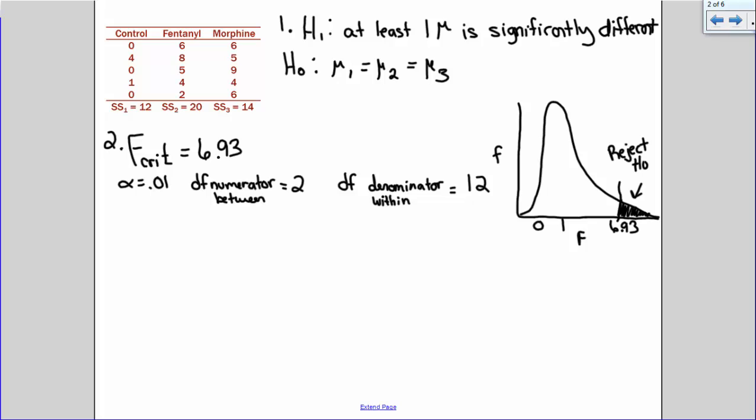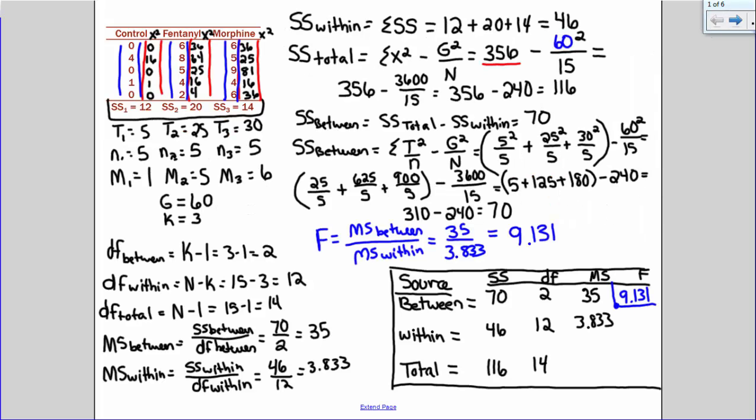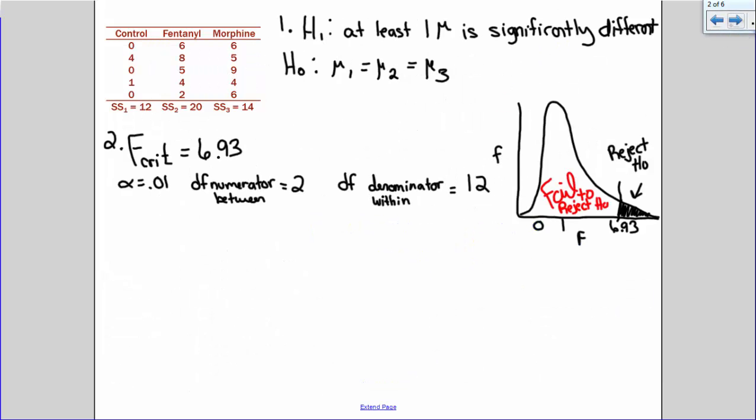If not, we fail to reject the null hypothesis. So if we go back and look at our test statistic, 9.131, it's like here-ish, right? So we can rejoice in rejecting the null hypothesis.